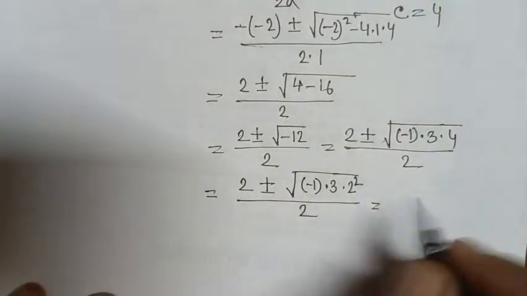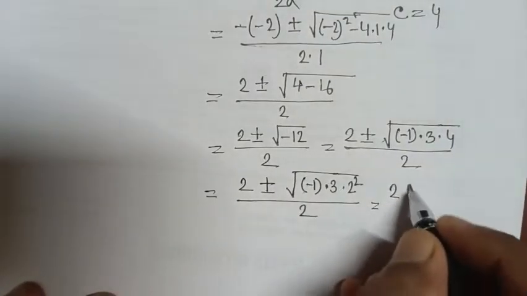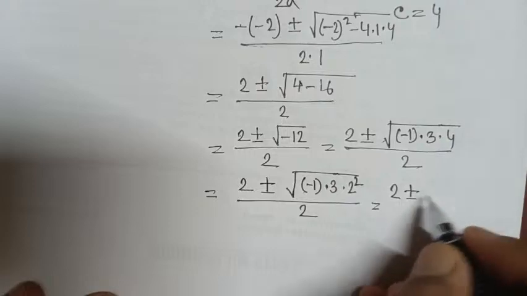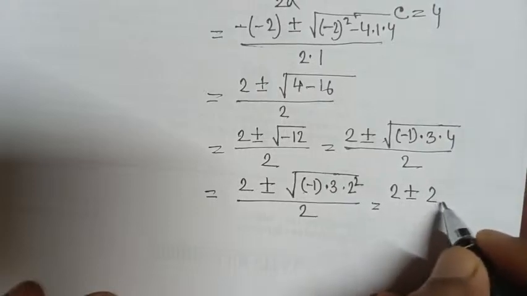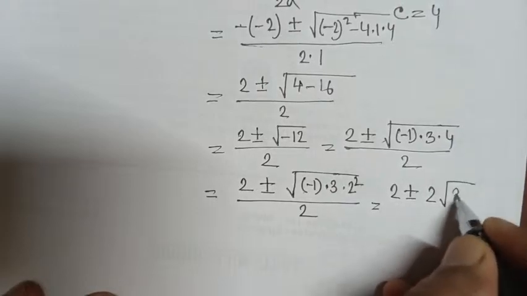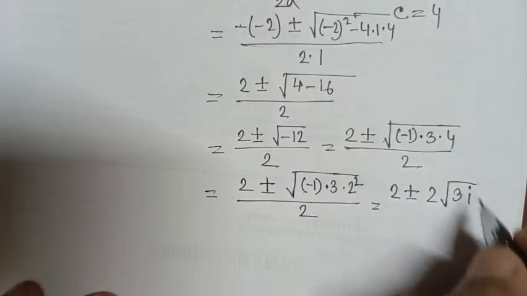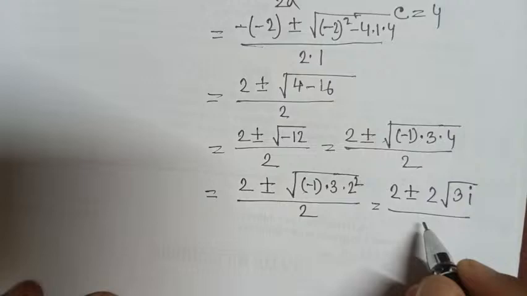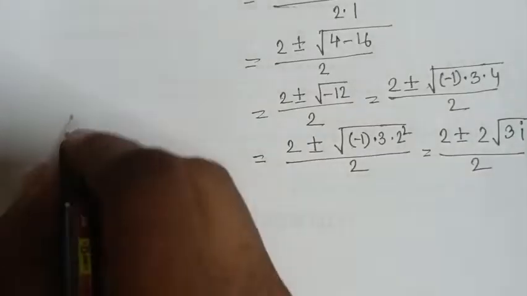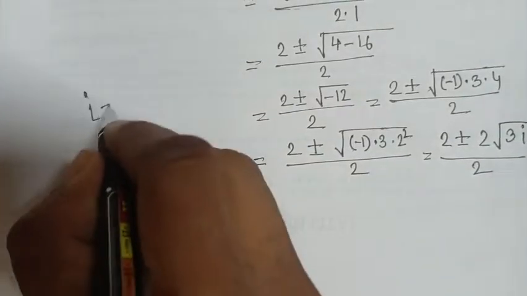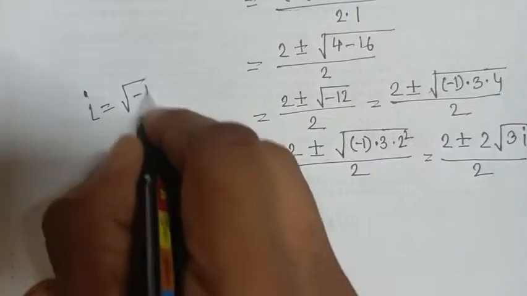So we can write here 2 root over of 3 and root of minus 1 will be i, that by 2. In complex numbers we know that i equals root over of minus 1.